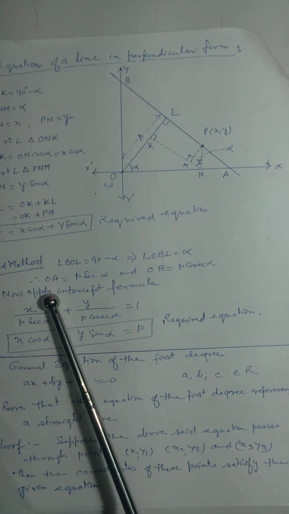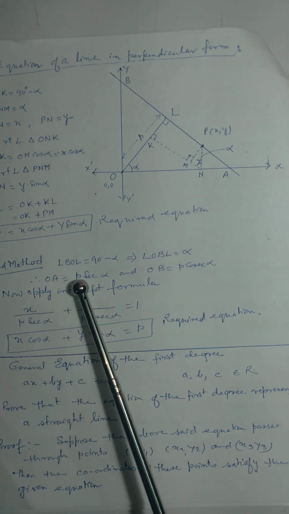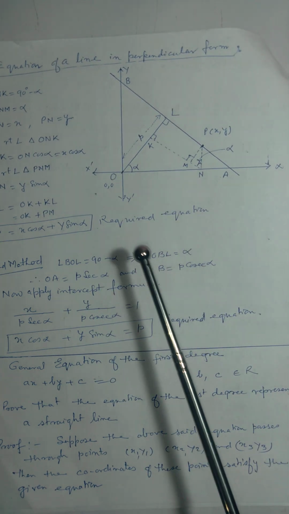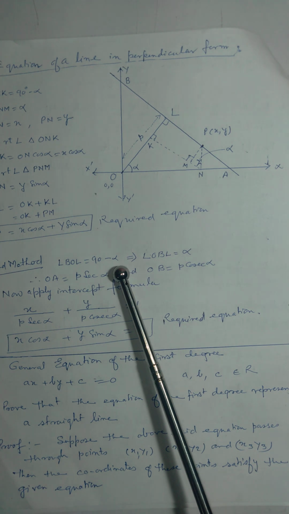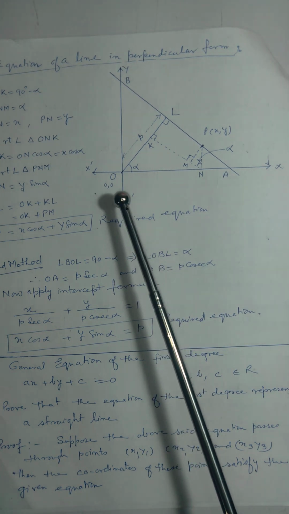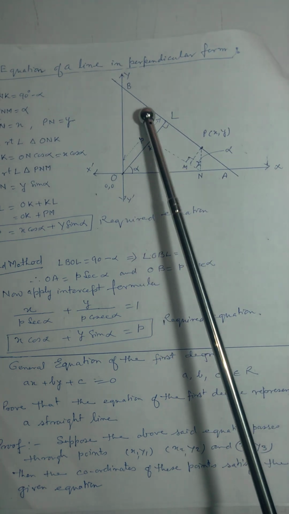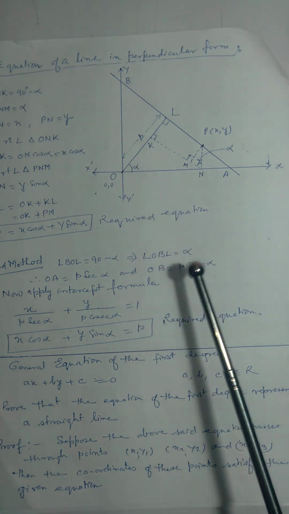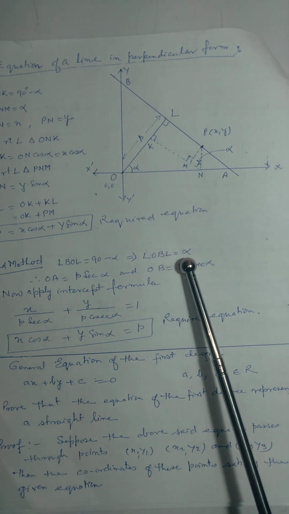Now the second method, which I have written here. Angle BOL is 90 minus alpha, therefore angle OBL, this angle, will be equal to alpha.